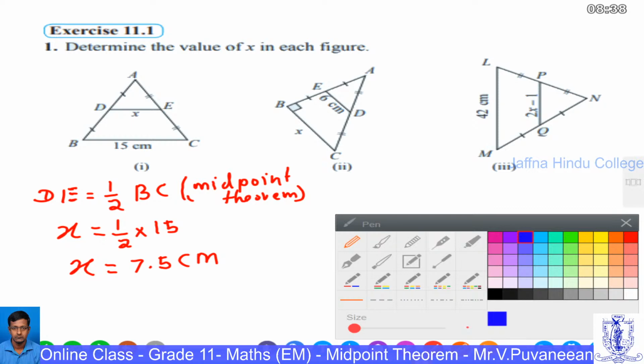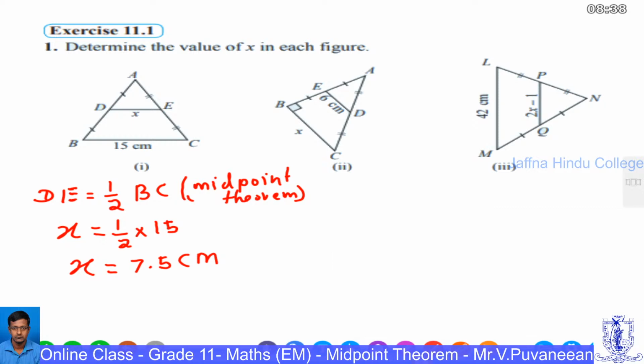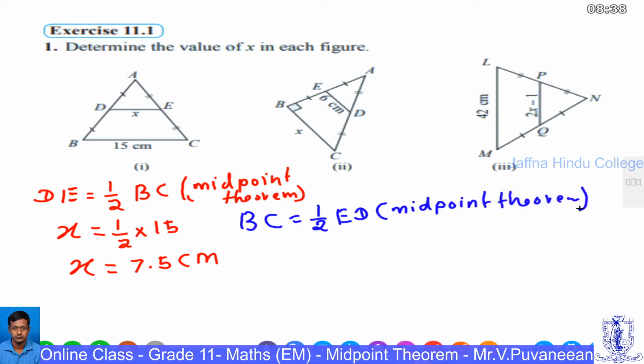according to the midpoint theorem, ED is half of BC.